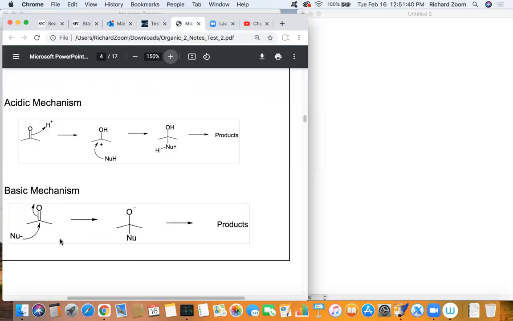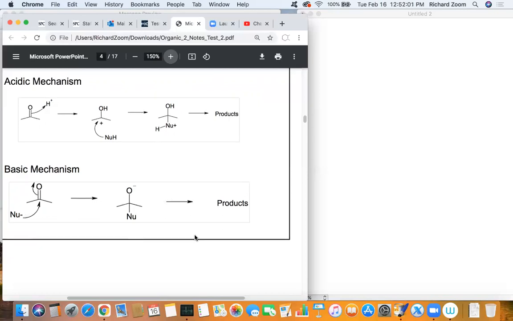Or the basic mechanism involves something negative coming in and directly attacking the C double bond O, and then the electrons jumping up on the oxygen, and then that leads to products. So those are the two situations we're going to be dealing with here. I find the basic mechanisms tend to be a little bit simpler than the acidic ones. You'll see that as we go through.